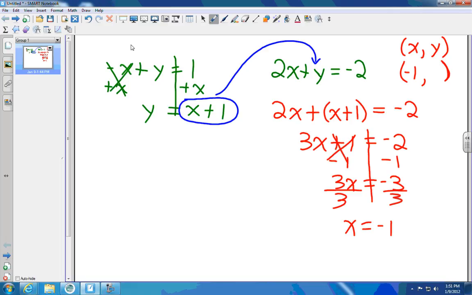Plug it back in right over here for the original thing that you solved for. So now you're going to have y equals, instead of x, we have negative 1 plus 1, so what is y? 0. That is the point of intersection, negative 1, 0, and again, this is your answer.